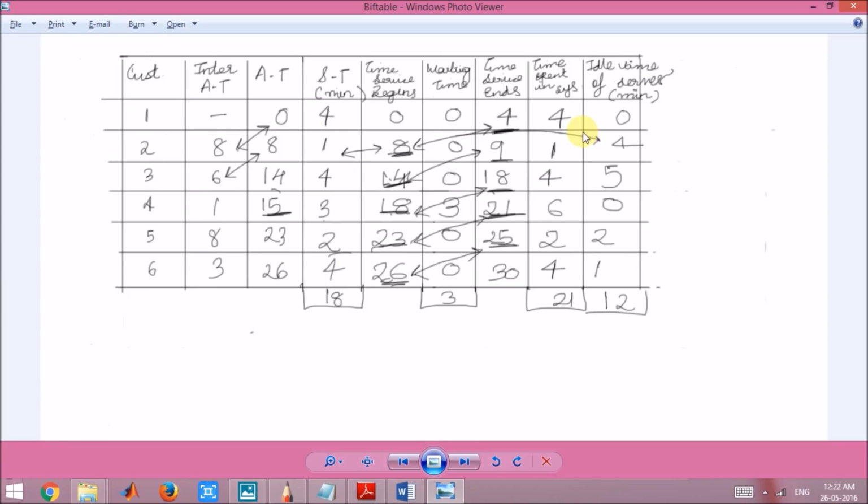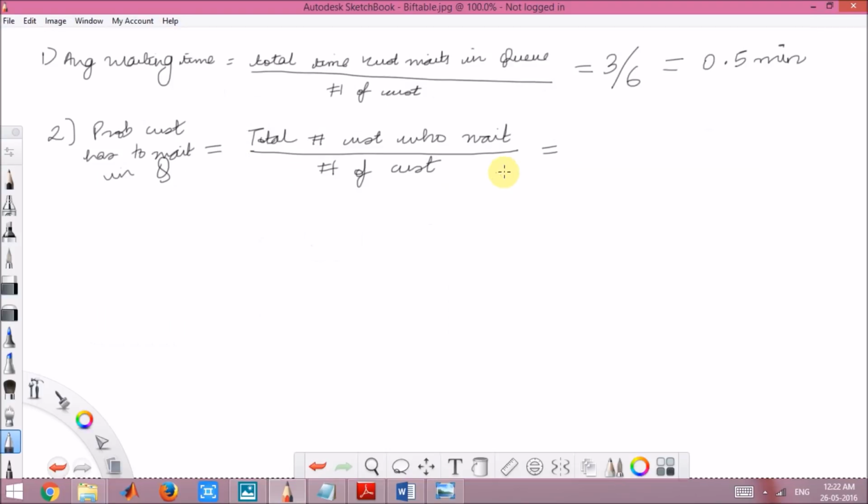The total number of customers who wait is just 1, by looking at this table. So there's only one customer waiting, so that's 1 divided by, again, 6, the total number of customers. This gives me 0.166 or 16.6%.